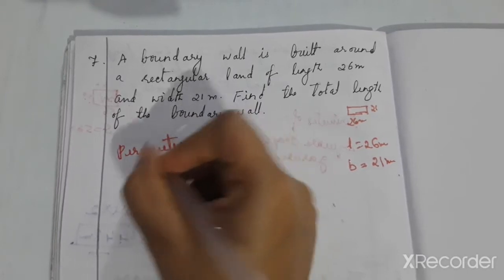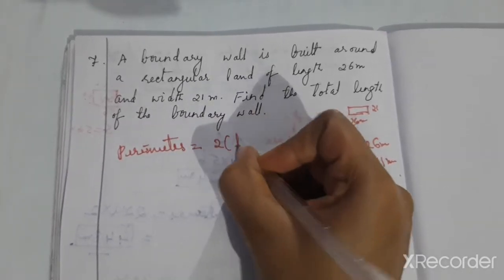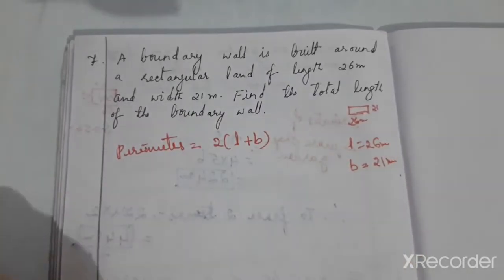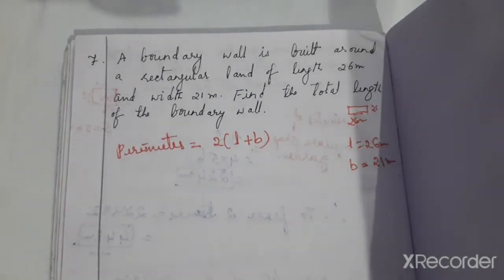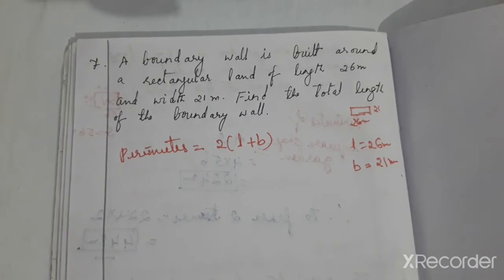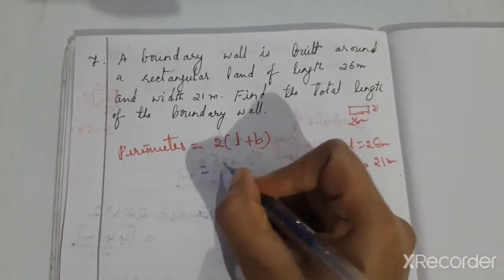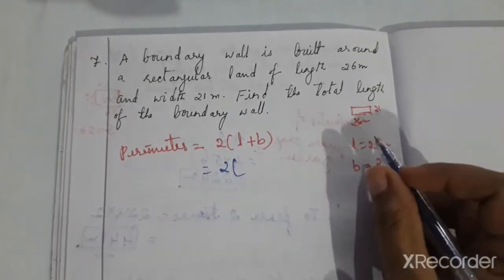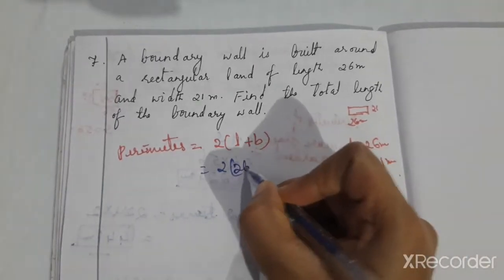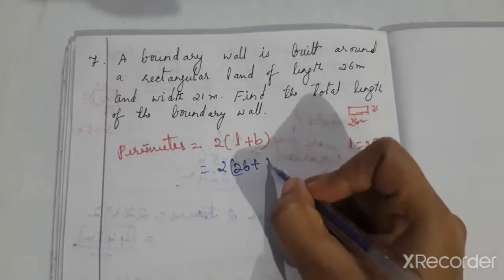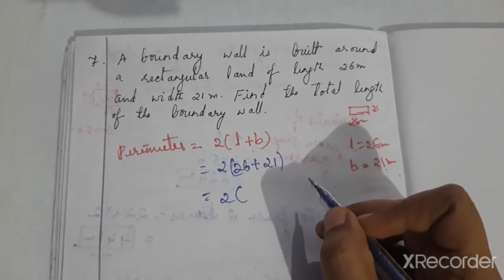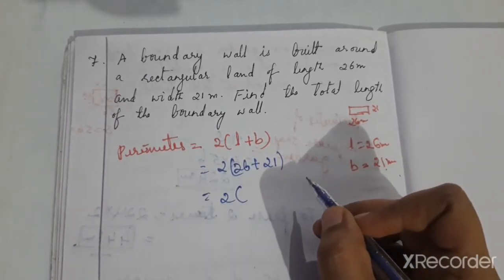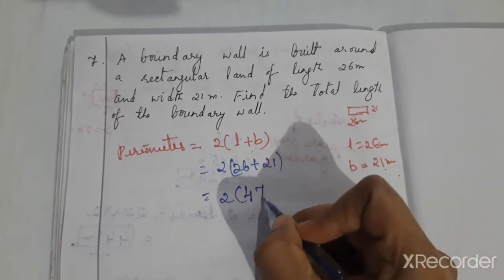Perimeter equals, for a rectangle, 2 into (L plus B). So 2 into, the L value is 26 plus breadth value 21. 26 plus 21 is 47.